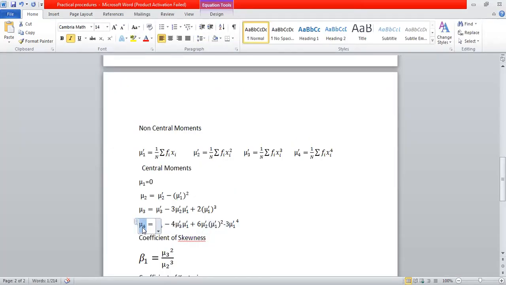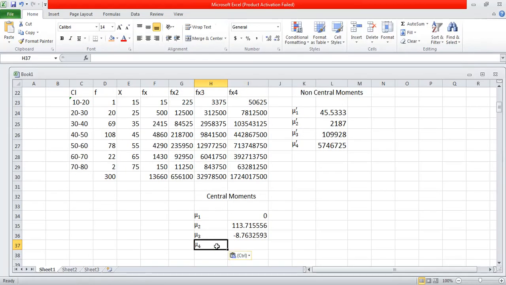Next, calculating the mu4. This is a lengthy formula, so be careful. Mu4, what is the formula?